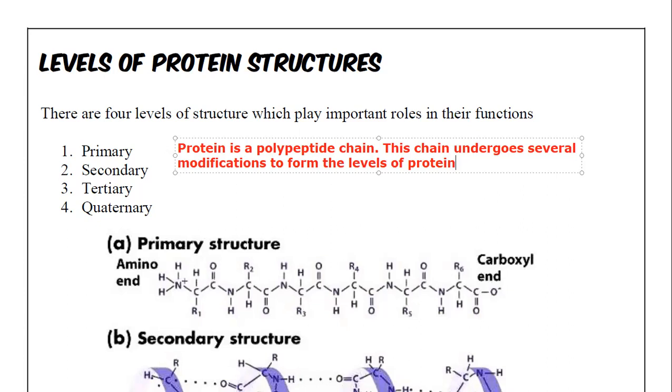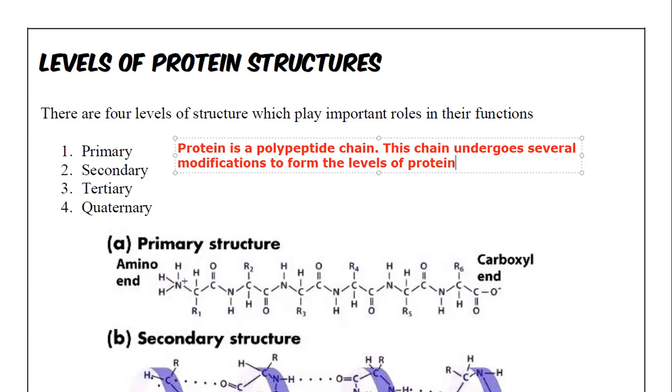If you see no modification at all, then it is a primary structure. Understood? Yes, sir.